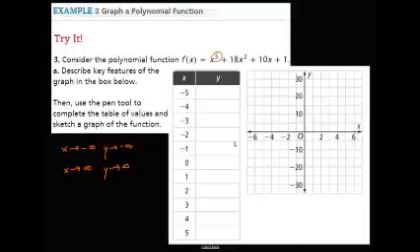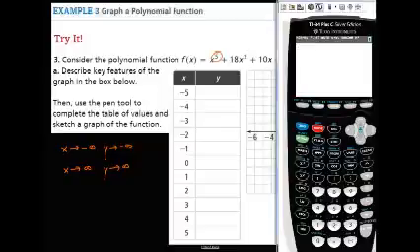Now, it gives me this long table, and what I'm going to do is just use a calculator to plug these points into this function. So I'm going to go to my calculator and type in, let's start at -5.